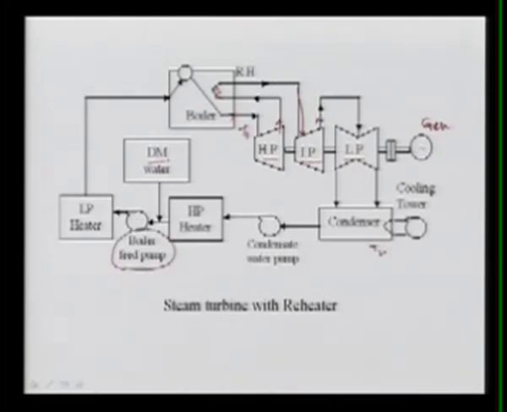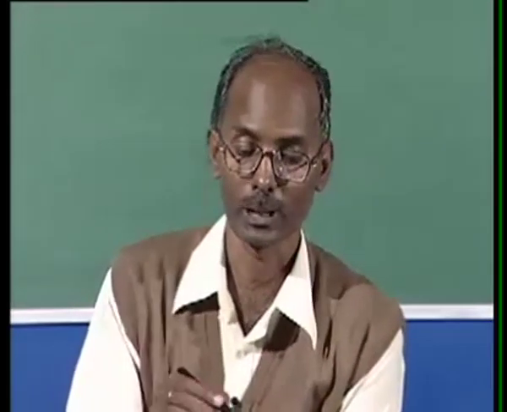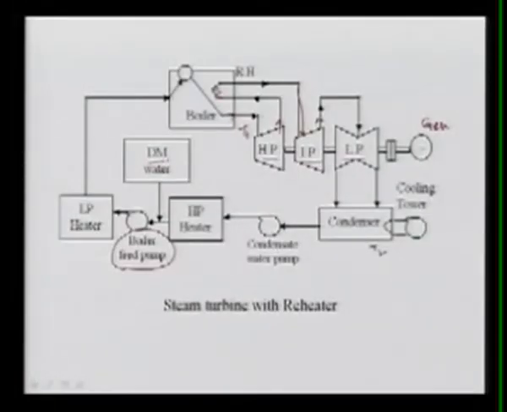This boiler feed pump again passes through the LP heater, because there are many heater stages; the energy coming out from the boiler is utilized, so we can increase the efficiency. HP heaters and LP heaters are used, and then it comes to your boiler. Here in the boiler it is heated, and that's steam. So this is basically a complete cycle with the reheating facility.